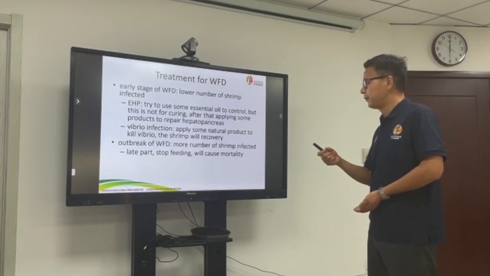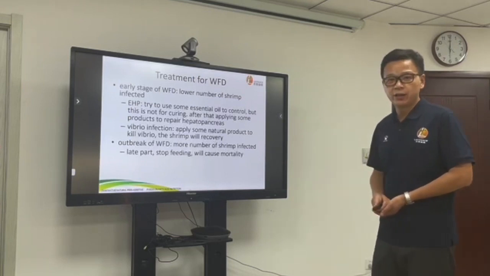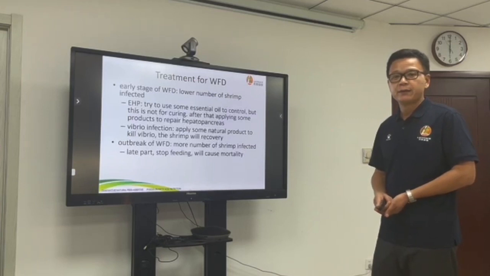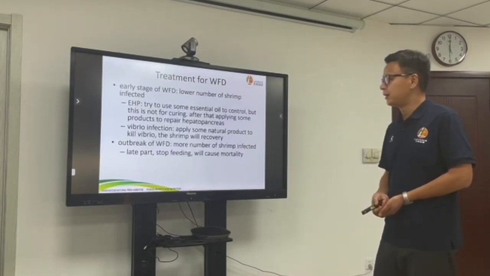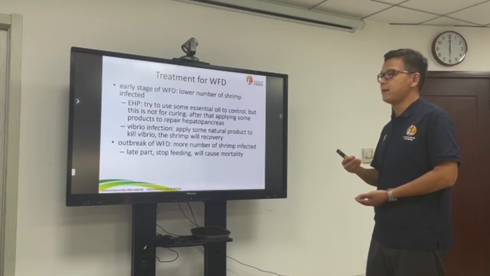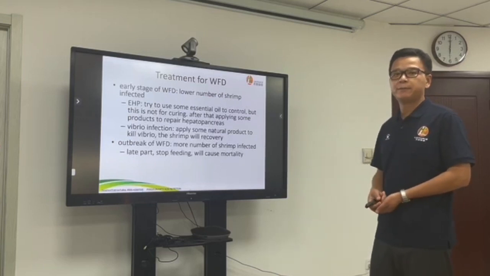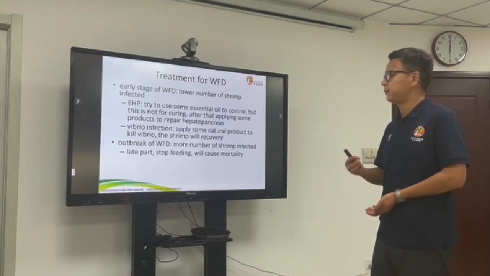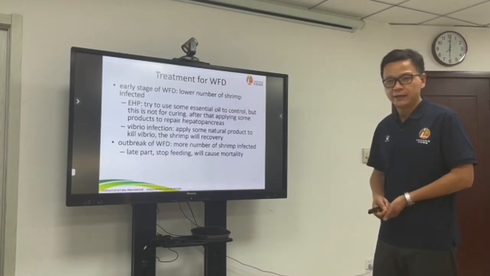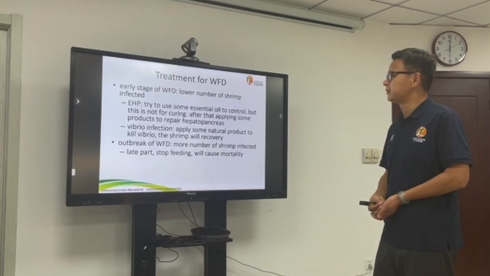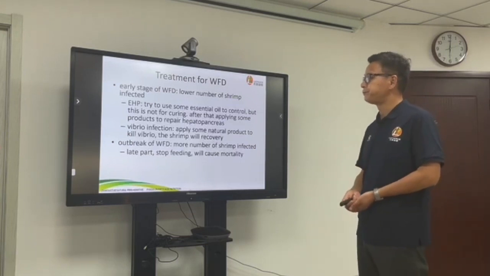You can use some essential oil, and later add some product which can repair your shrimp hepatopancreas, like bile acid, like herb extracts, and some other feed additives.